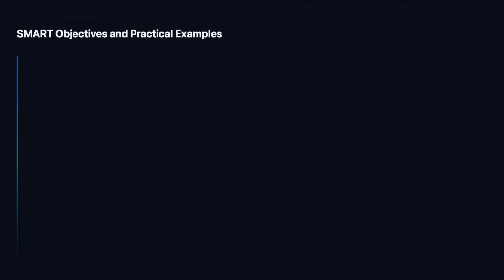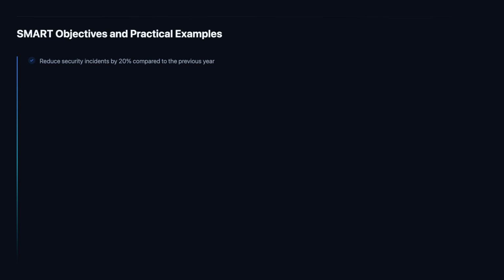SMART objectives: specific, measurable, achievable, relevant, time-bound, are the gold standard for writing information security objectives that satisfy Clause 6.2 and drive real improvement. Reducing security incidents by 20% compared to the previous year is a strong objective because it satisfies all 5 SMART criteria. It is specific.